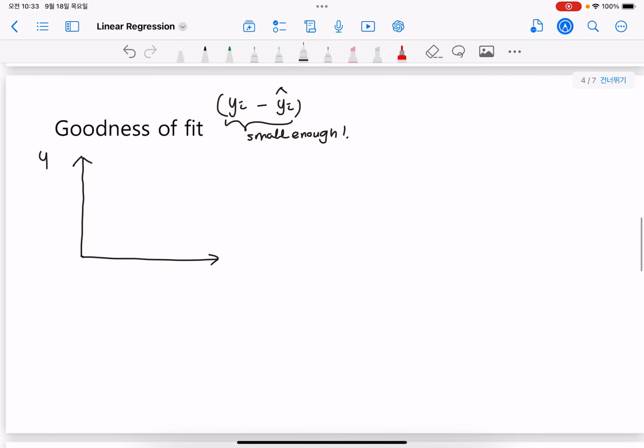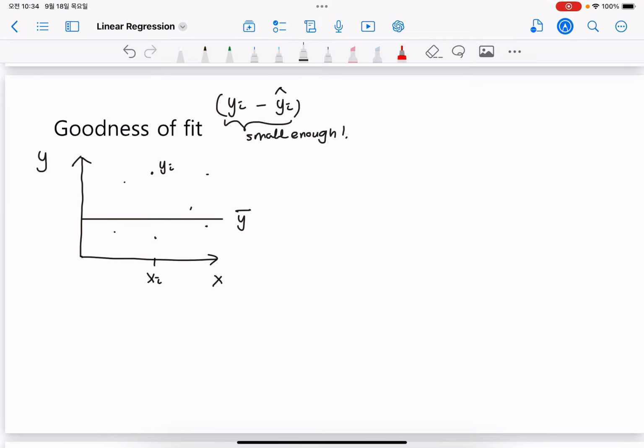Here we have y, here we have x, and this is xi. Here we have actual y, the actual cost, let me say. And let's say after you put all the dots, in terms of y, you make an average of every y, okay? So let's say the average of y is right here, and this is called y bar.